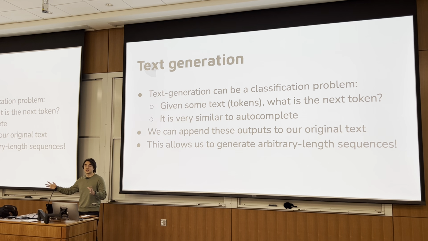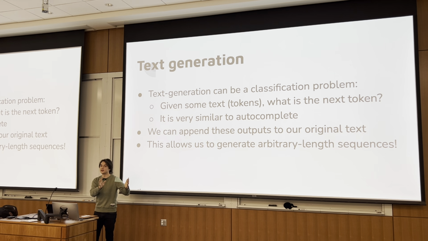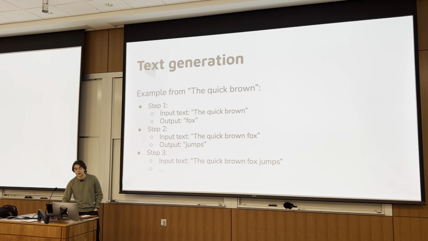Now, if we take that next-word prediction, the most likely word after a sentence, we can append that word, and we can keep doing this process to continuously generate text. I'll give a quick example. If your input text is "the quick brown," you feed that into your model, and your model outputs the probabilities of the next word.